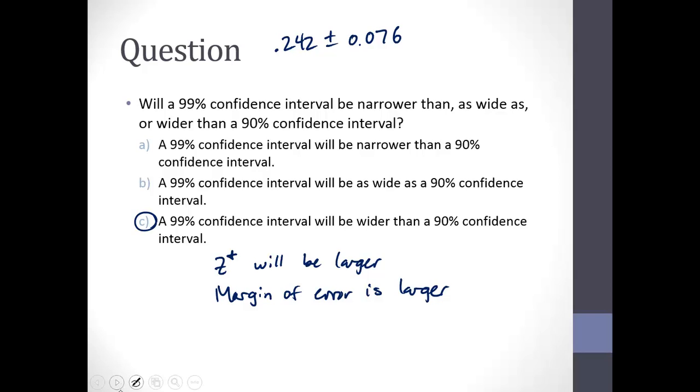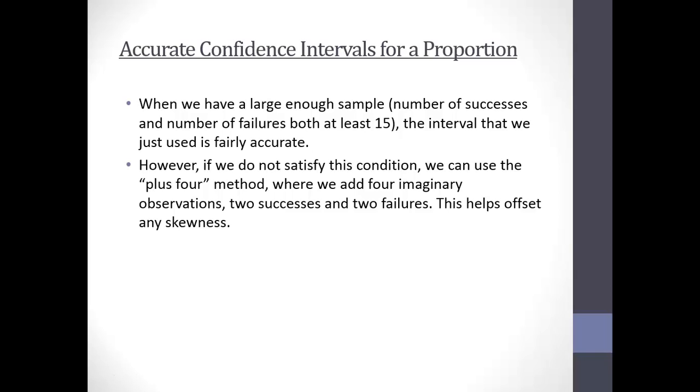Alrighty then. So that's our first way of calculating a confidence interval in this chapter. Actually, we're going to introduce a second way to calculate a confidence interval. This gets at that idea that we glossed over when we were looking at means: what happens if our conditions don't check out? We said, well, we'll just proceed with caution and do that interval anyway.